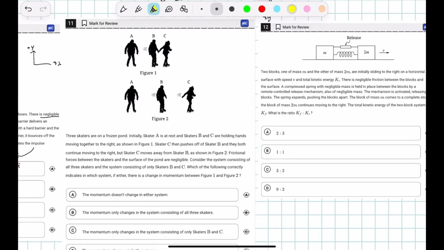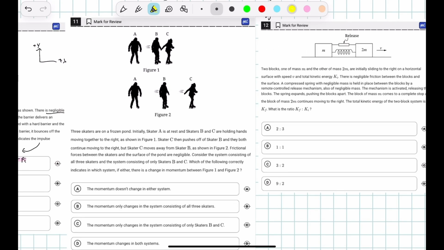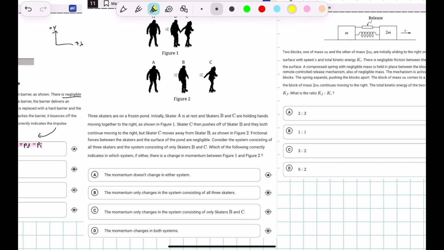Okay, three skaters are on a frozen pond. Initially, skater A is at rest, and skaters B and C are holding hands, moving together to the right, as shown in figure 1. Skater C then pushes off of skater B, and they both continue to the right, but skater C moves away from skater B, as shown in figure 2.